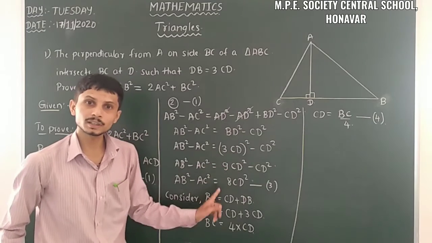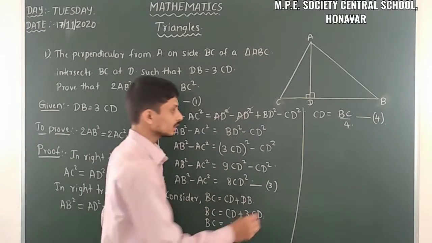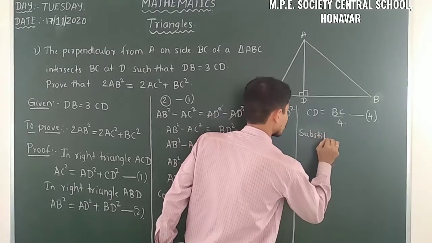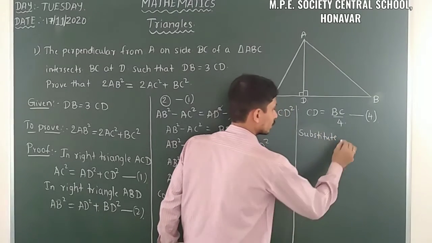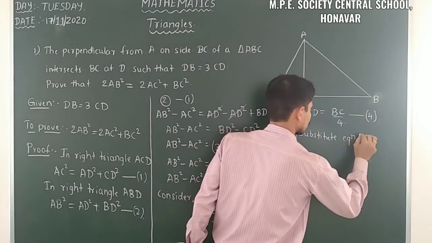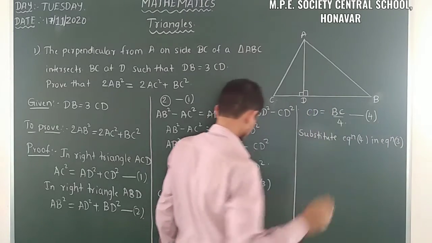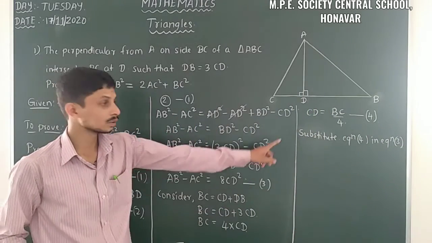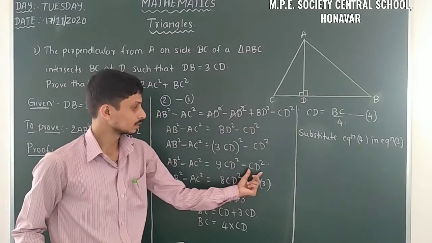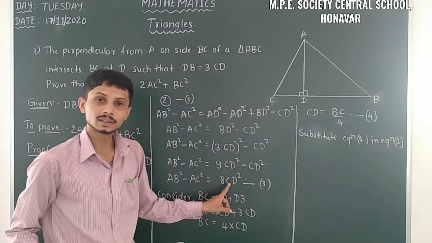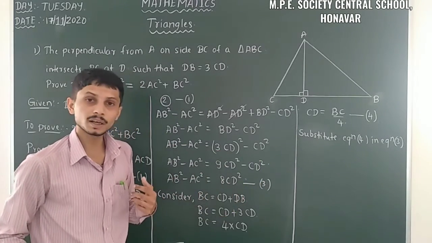Substitute equation 4 in equation 3. Here we have to substitute CD is equal to BC by 4 in equation number 3.